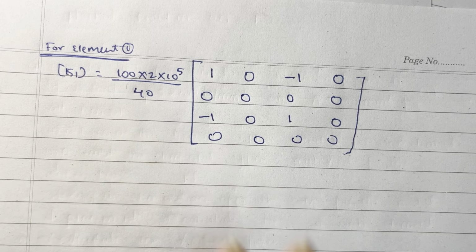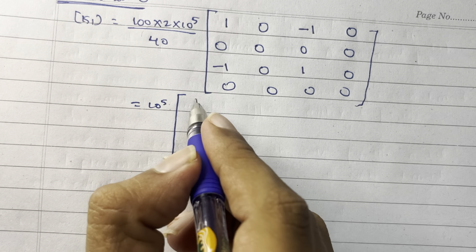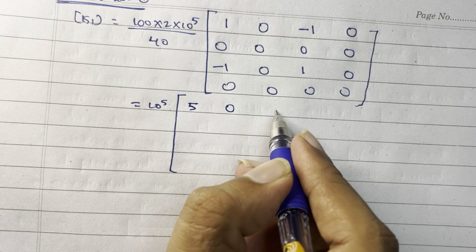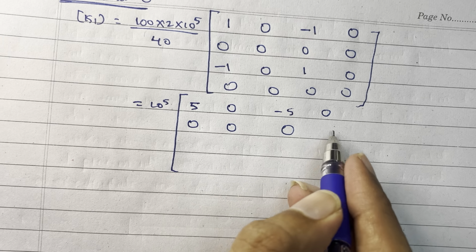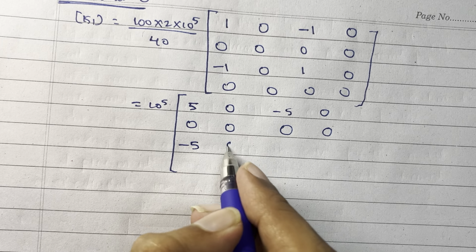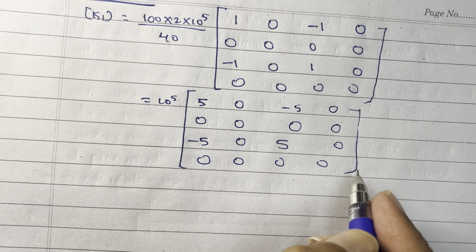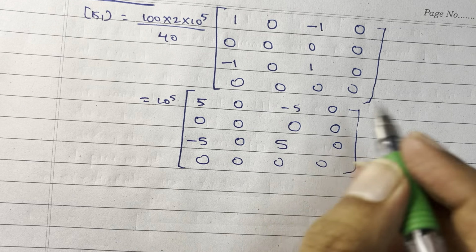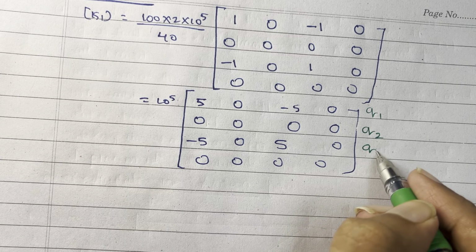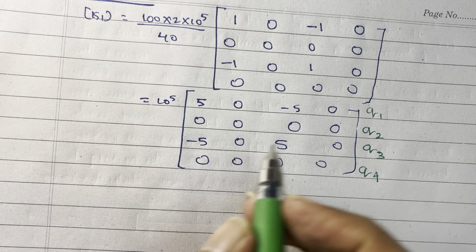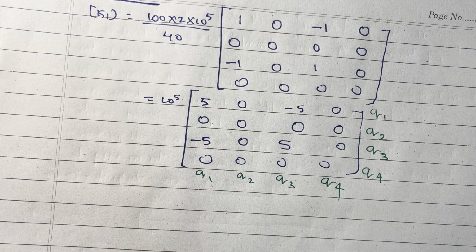Okay, after solving this, we will get 10 raised to 5 times 5, 0, minus 5, 0, 0, 0, 0, 0, minus 5, 0, 5, 0, 0, 0, 0, 0. As it is related to element 1, the first row indicates Q1, second is Q2, third is Q3, and fourth one is Q4. Similarly, first column Q1, Q2, Q3, Q4. Okay.